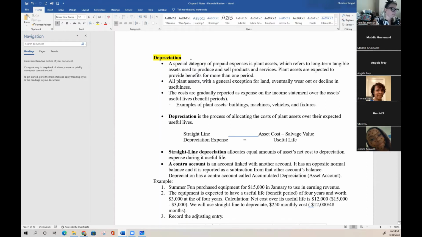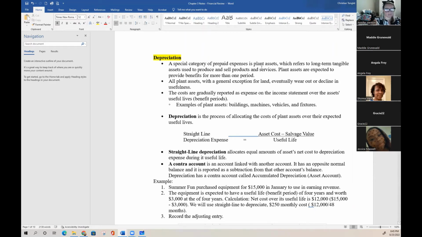So we have a special category for those prepaid expenses. We call them plant assets. They are long-term assets. Those are things that we're going to have for a long period of time. So they show up in the long-term section of the balance sheet under the asset section. And we're going to use those to help us produce and sell a product, or to bring in revenue. So if we bought a building and we have tenants, we're going to bring in revenue through those tenants.